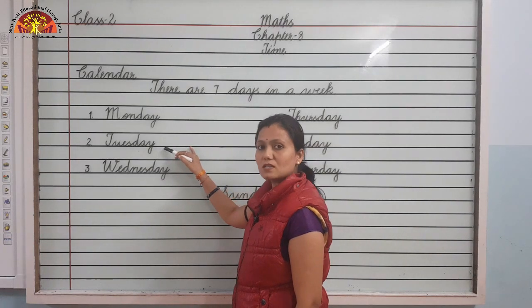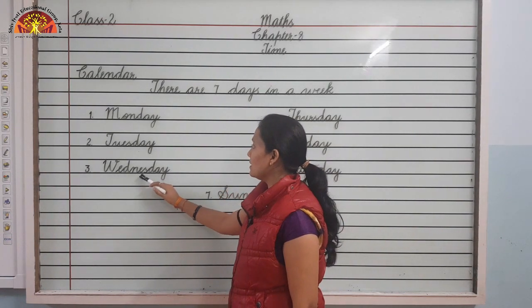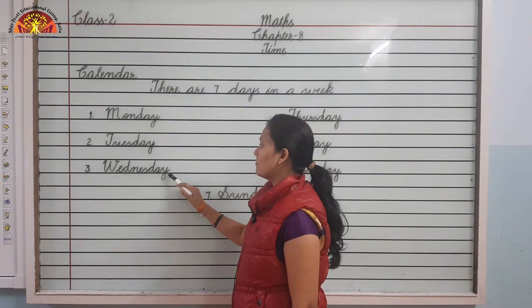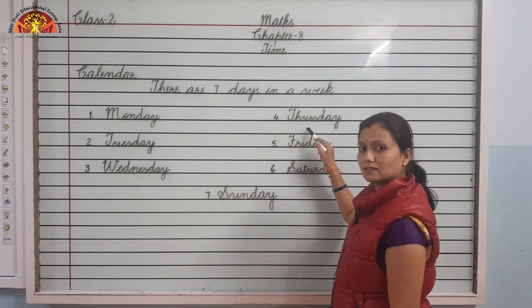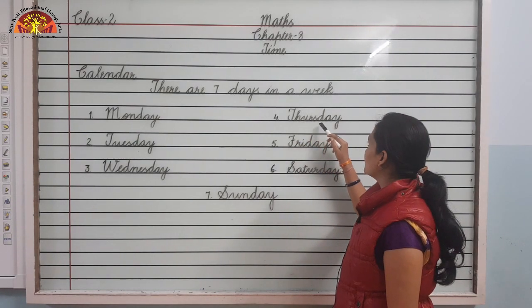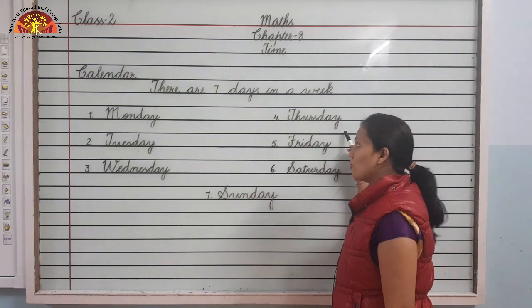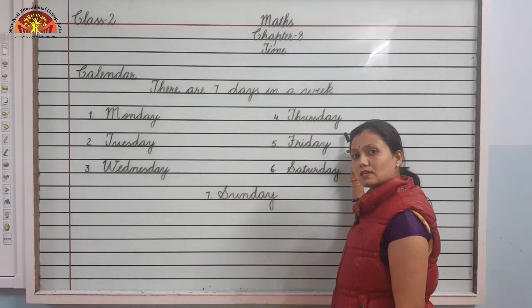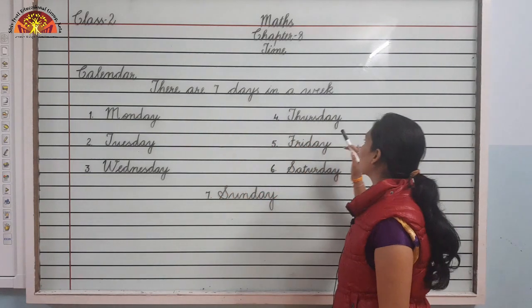After Tuesday is Wednesday, W-E-D-N-E-S-D-A-Y, Wednesday. Then Thursday, T-H-U-R-S-D-A-Y, Thursday. If I ask which day comes before Thursday, before Thursday is Wednesday.